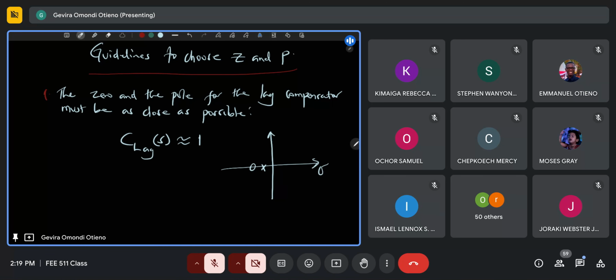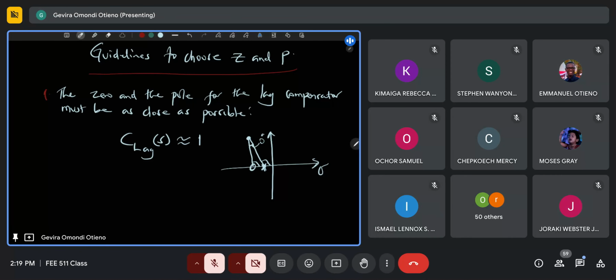The lead compensator was the opposite. Here, it is the pole that's closer to the origin, followed by the zero. Let's say the desired pole location is there. If we draw an angle here, the angle separating the pole and the zero should be almost 0 degrees. Why?